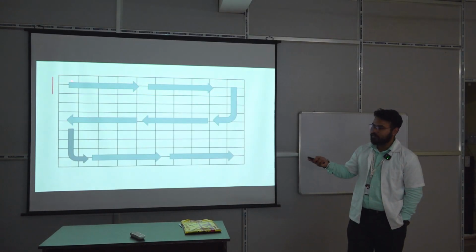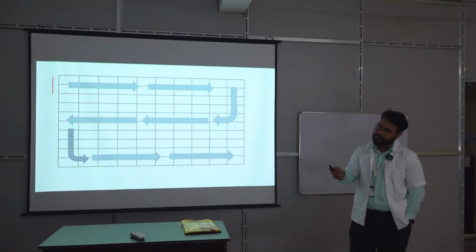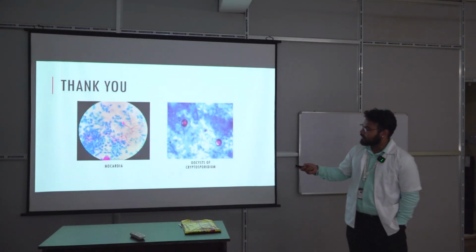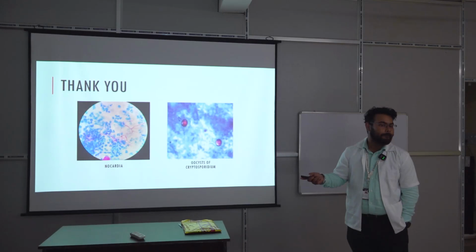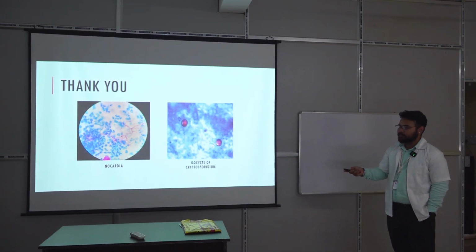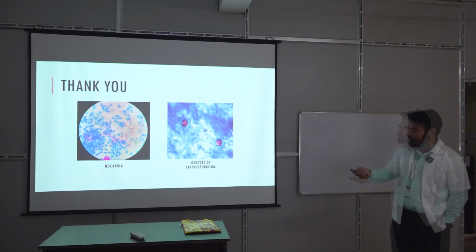If more than 10 bacilli you can see in one oil field, over 20 different oil fields, it is called grade 3, okay, 3 plus. So these are also other examples of acid fast staining. This is nocardia. In nocardia, what percentage of H2SO4 is used? 1%. And in case of oocysts of Cryptosporidium, 0.5%. Okay, thank you.